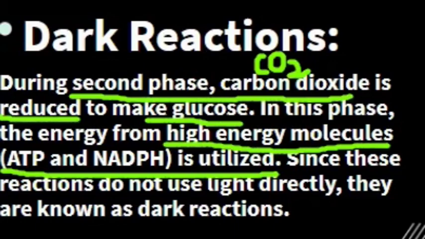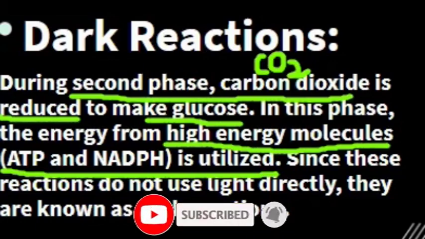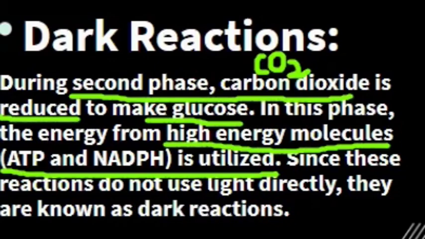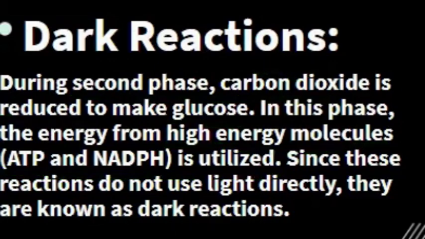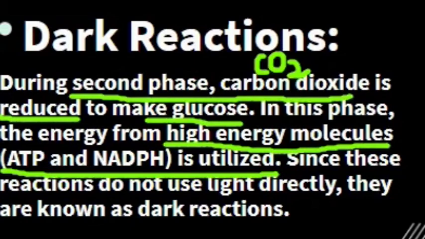You can get the complete lecture on ATP and its uses and its form on my channel. And NADPH is a coenzyme known as nicotinamide adenine dinucleotide phosphate. Since these reactions don't use light directly, they are known as dark reaction.